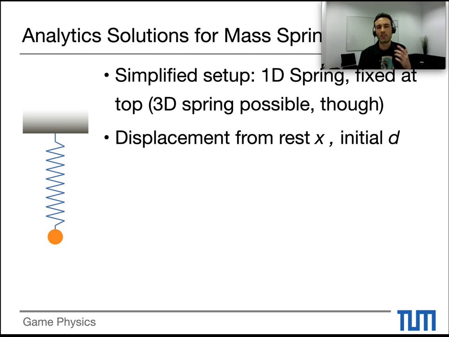Traditionally you would change the coordinate system a bit and say what we're interested in is not the actual spring length, but how much this point is displaced from the rest length. And if we formulate it in this way, the force is just minus k, the stiffness constant, times the displacement, that's x. That's pretty simple.